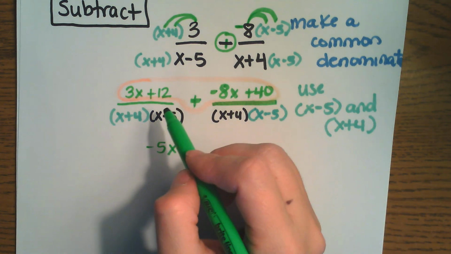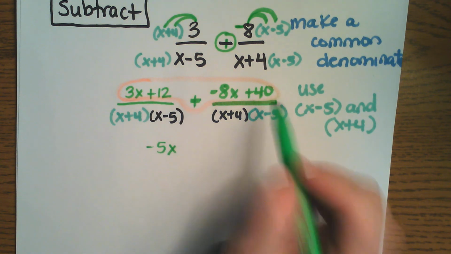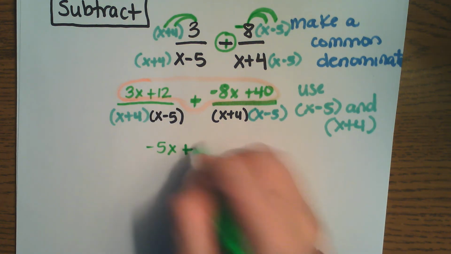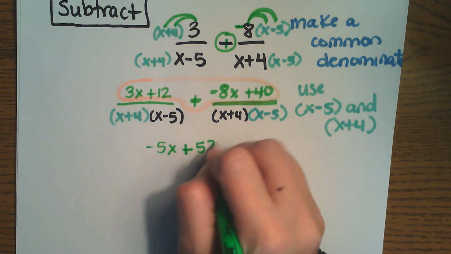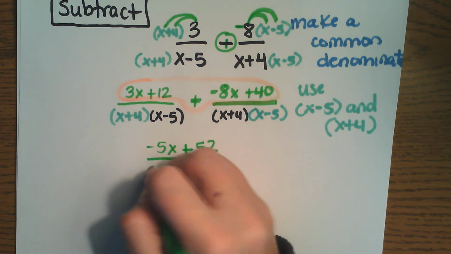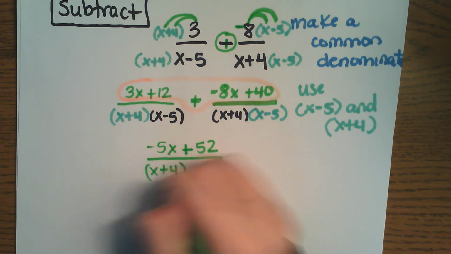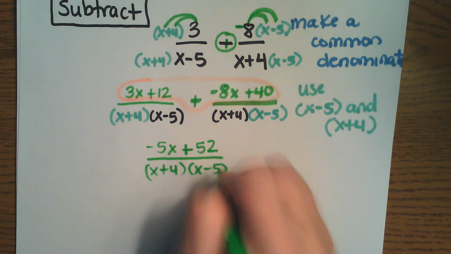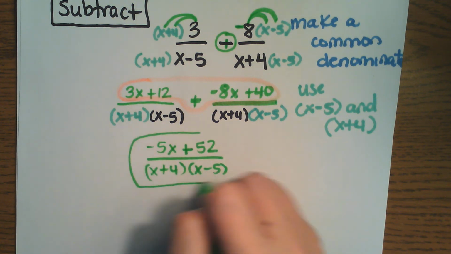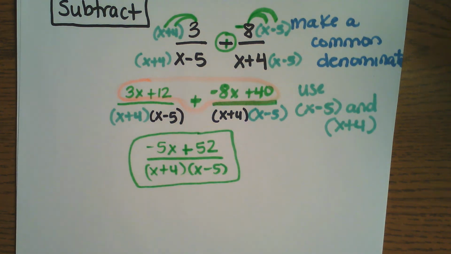My brain was working faster than my mouth. 12 plus 40 is 52 over x plus 4, x minus 5. Yeah? Good with that?